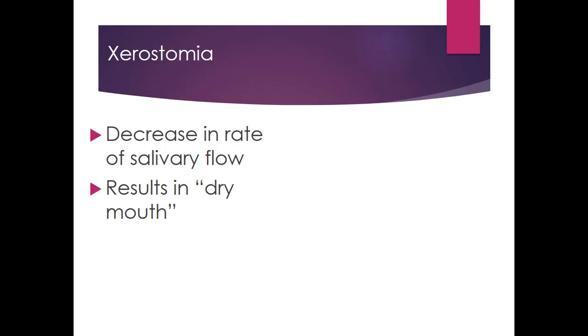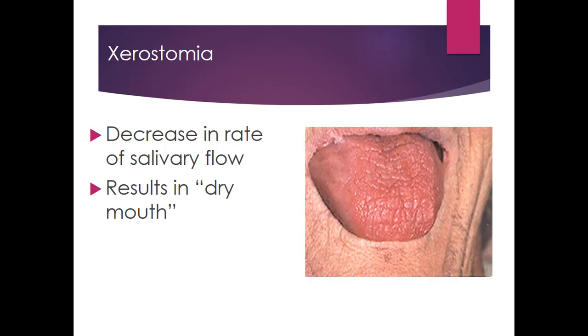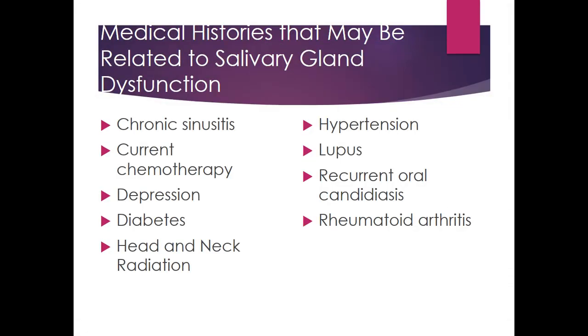Xerostomia is a decrease in salivary flow, and it can have a lot of causes, but it results in a dry mouth. So if your patient tells you that they have a dry mouth, it can be considered xerostomia. And here's a picture of someone with a very dry tongue, and it's probably pretty sore.